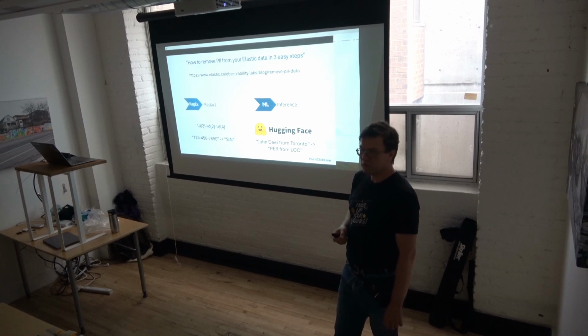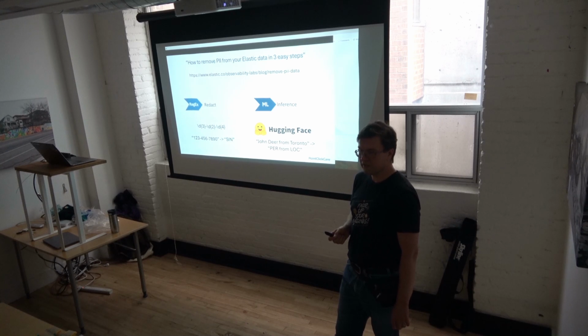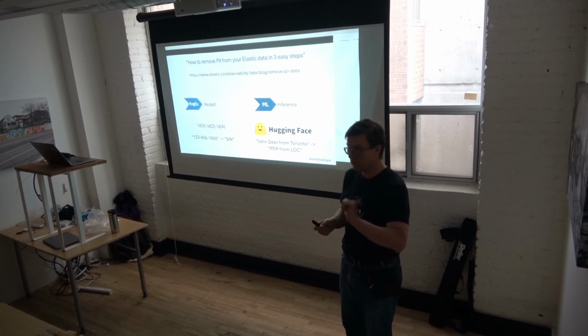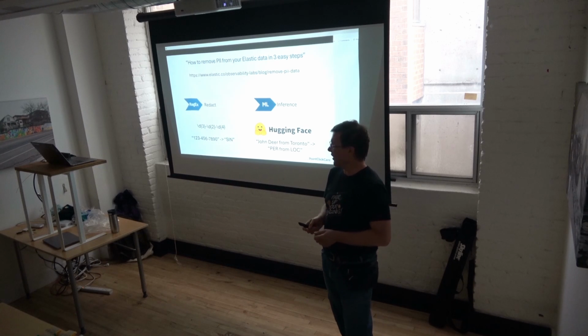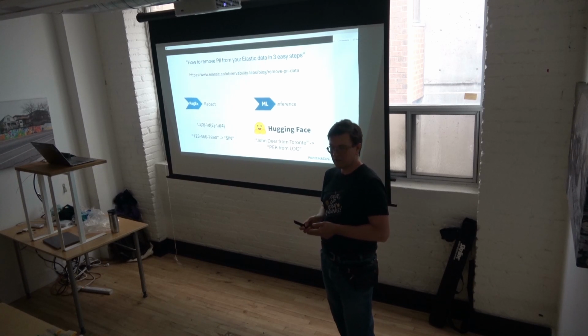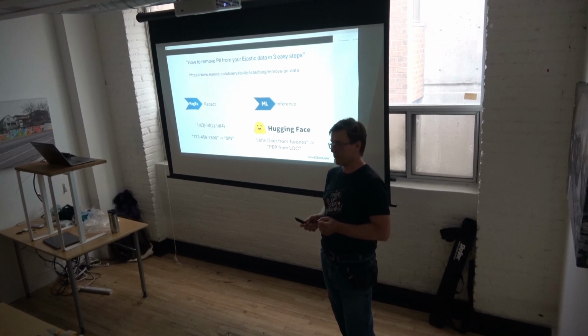A couple of years ago, they published a very interesting blog on how to get rid of identifiable information using new Elastic features. There were two main features in the Elastic ingest pipeline: the redact processor and the inference processor. Who is familiar with Elastic ingest pipelines?